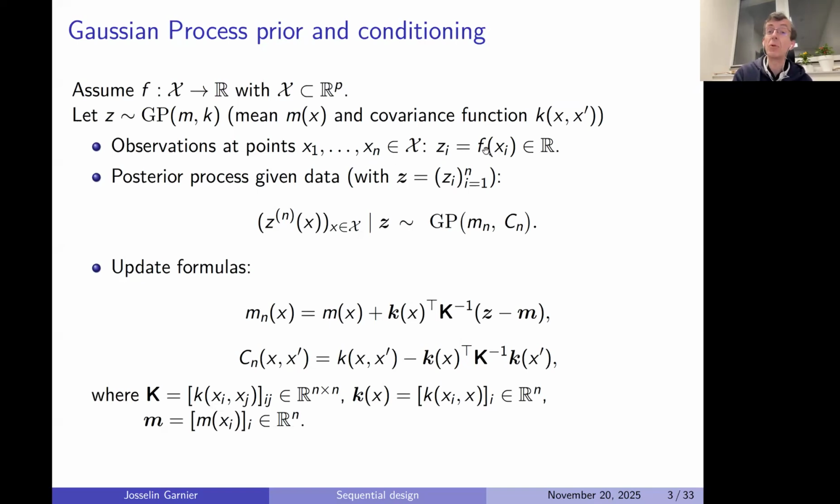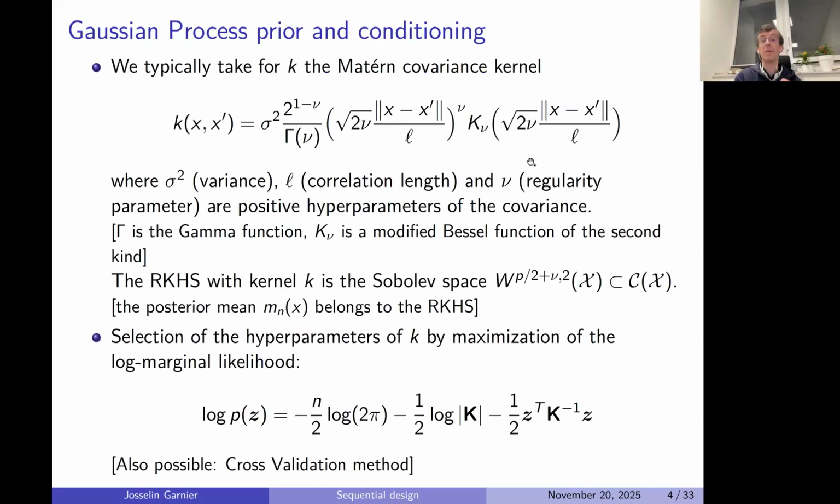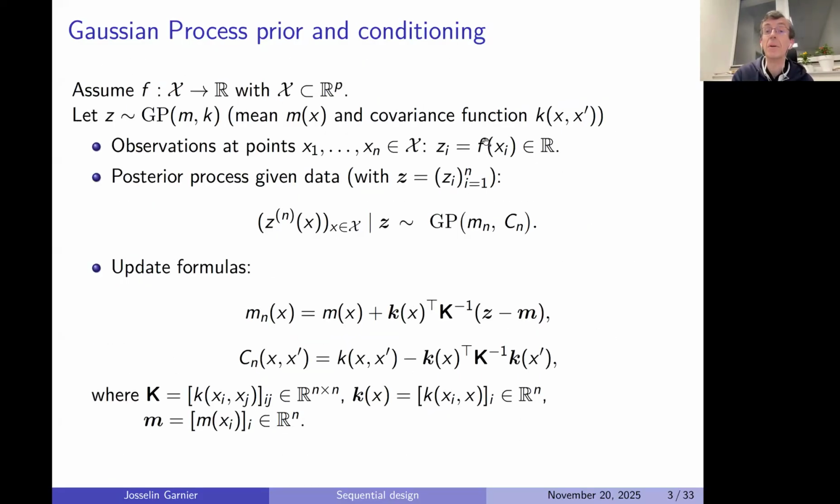You observe with the true function f, the function f at these input points xi, so you get the value zi, and now you want to condition your Gaussian process with respect to this observation. So what is the distribution of the Gaussian process given this observation?